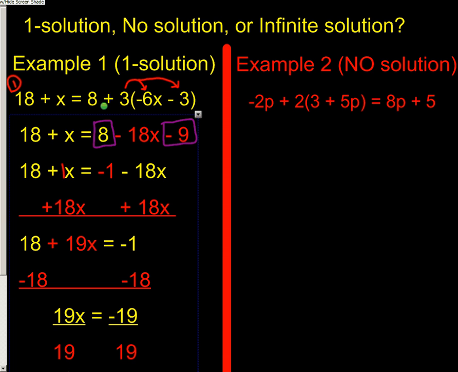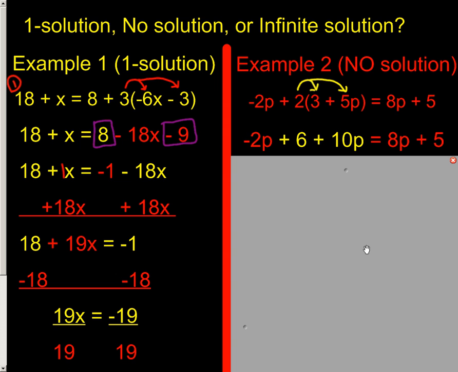Well, let's take a look at it. Let's distribute, for this example 2 equation, let's distribute that 2 to everything inside the parentheses. You'll notice that we get positive 6 and positive 10p, so I just slide that down and pull everything else down that I haven't touched.